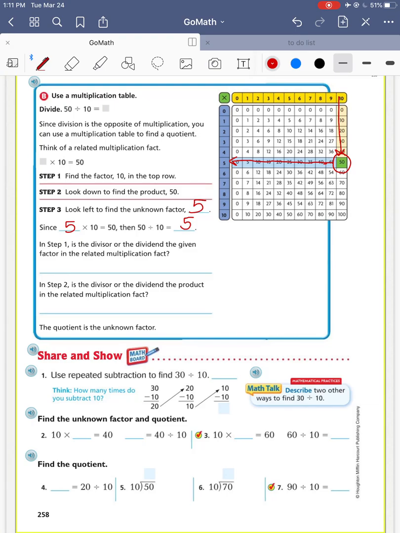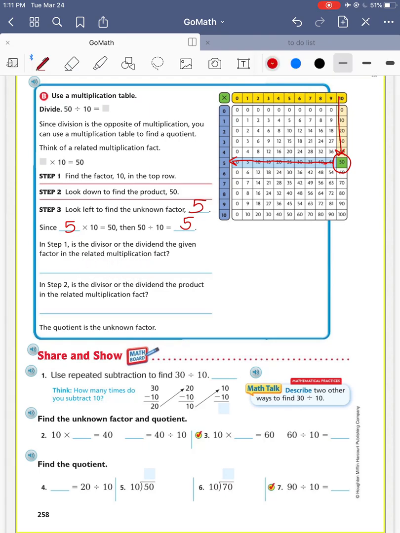In step 1, is the divisor or the dividend given? Is the divisor or the dividend the given factor in the multiplication fact? We are using the divisor.